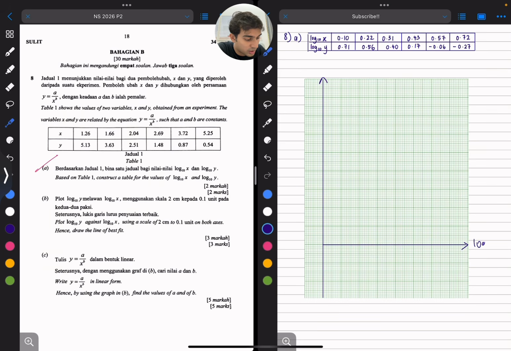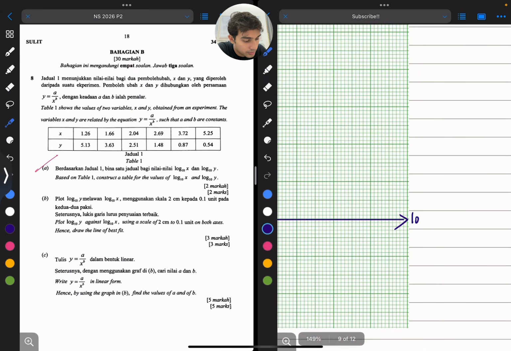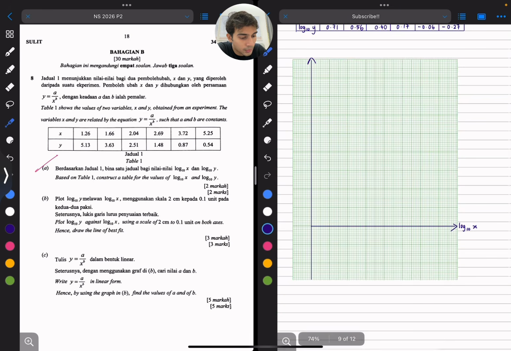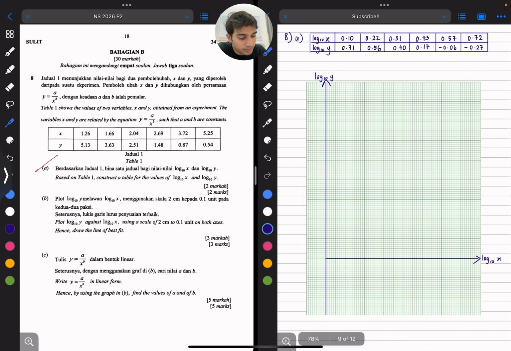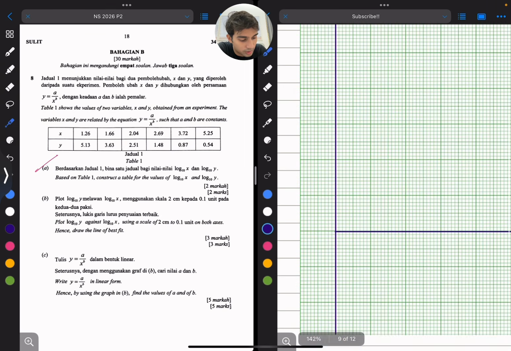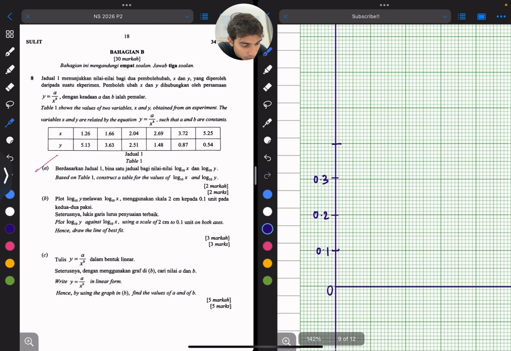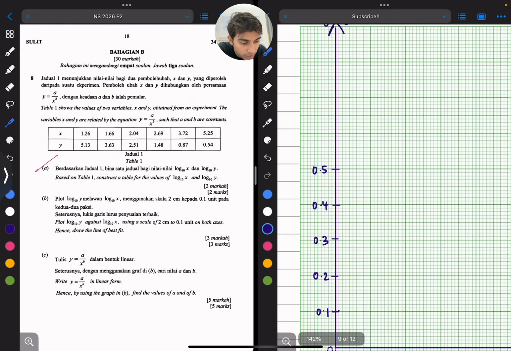So this will be our log 10x, and this will be our log 10y. All right, so this is 0, this will be 0.1, 0.2, 0.3, 0.4, 0.5, 0.6, 0.7, 0.8.